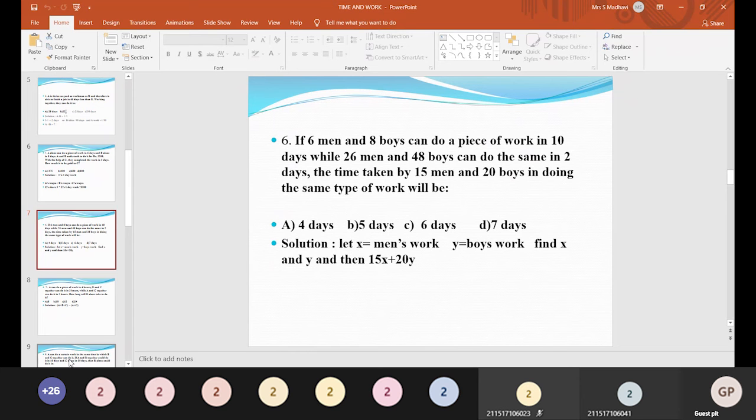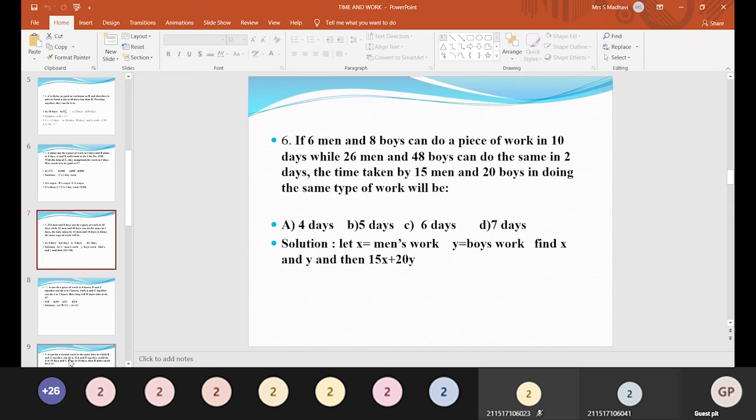See here, on solving the two algebraic equations, we get x as 1 by 100 and y as 1 by 200. Here 15 men plus 20 boys means in place of x we have to substitute 1 by 100, and in place of y we have to substitute 1 by 200. So 15 by 100 plus 20 divided by 200 is equal to 1 divided by 4.